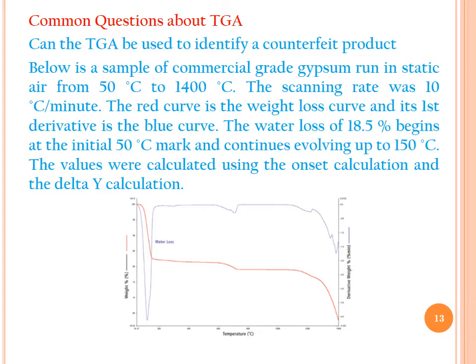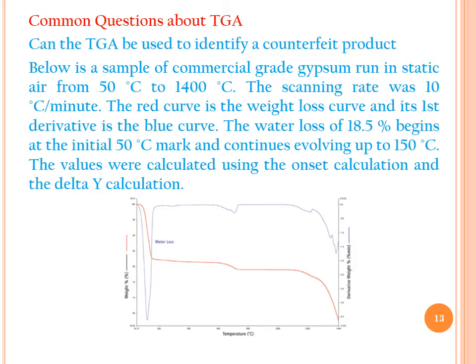The red curve is the weight loss curve and its first derivative is the blue curve. The water loss of 18.5% begins at the initial 50 degree centigrade mark and continues up to 150 degrees centigrade. The values were calculated using the onset calculation and the delta Y calculation.